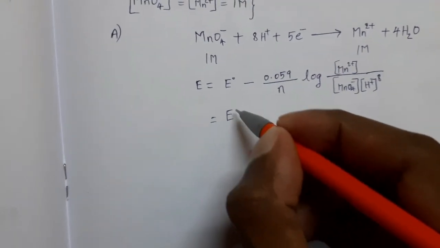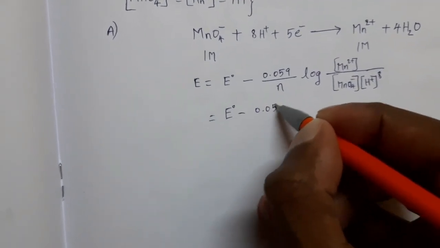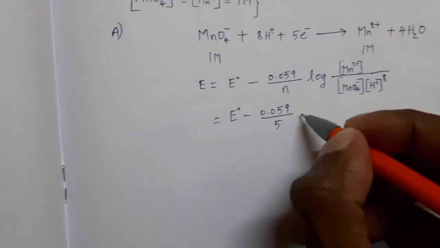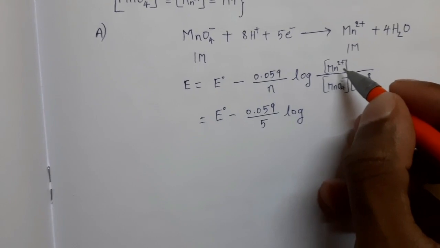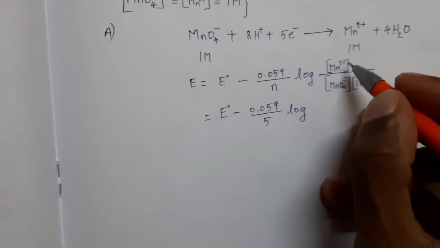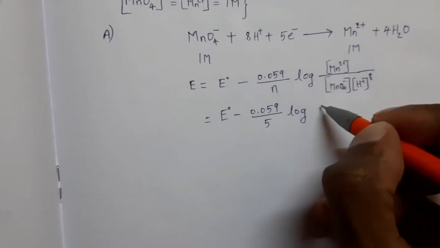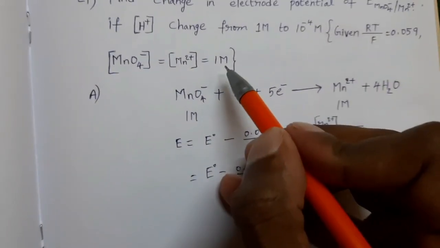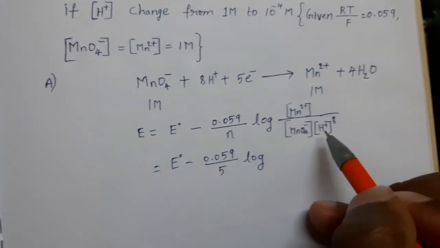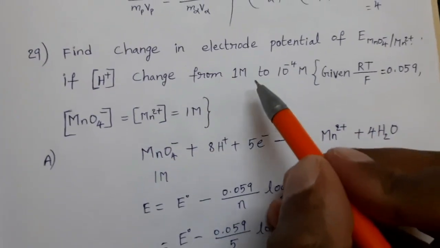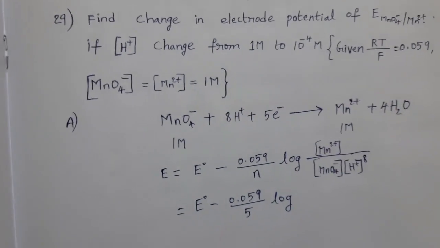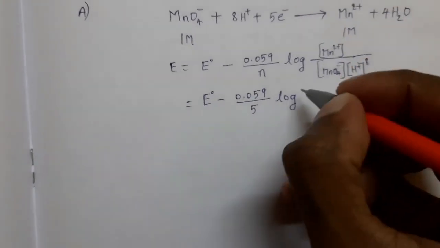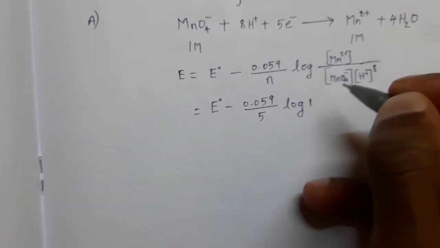So E naught minus 0.059 by 5 into log of Mn2 plus ion concentration, how much? 1. And MnO4 minus ion concentration, that is also 1 molar. H plus ion concentration changes from 1 molar. 1 power 8 means 1. So finally we can get 1.